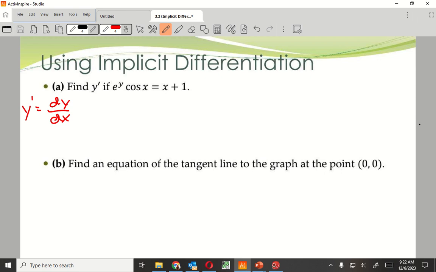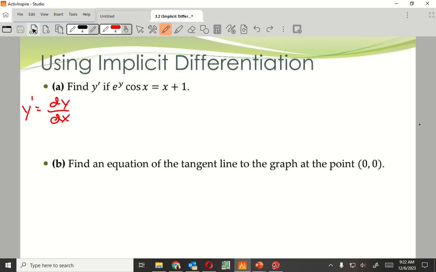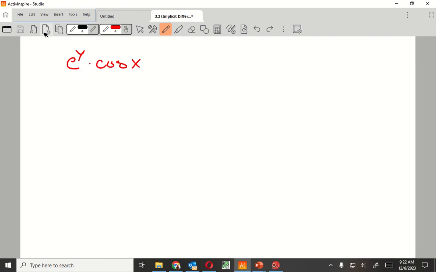So e to the y times cosine x equals x plus 1. So over here on the left-hand side, what rule is this? Product, right? It's a multiplication.